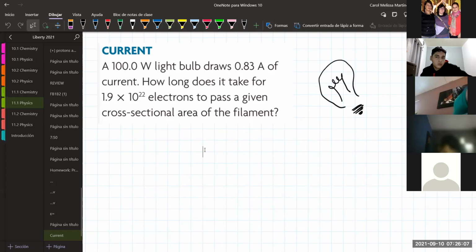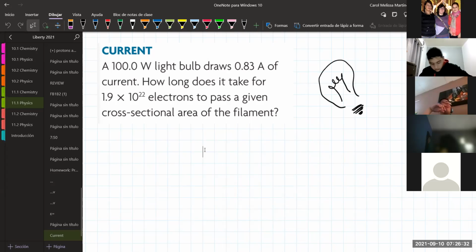The current in a system is going to depend on the amount of electrons. The electrons are responsible for driving current from one side to another because they carry current. They carry the charges that in the end will produce current.